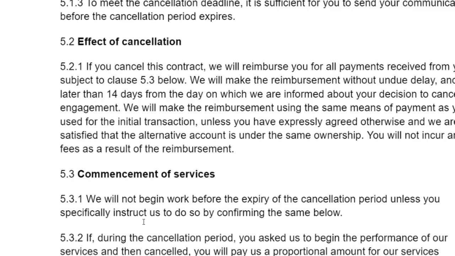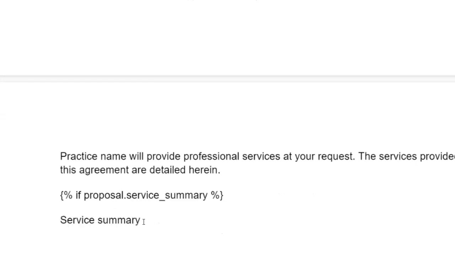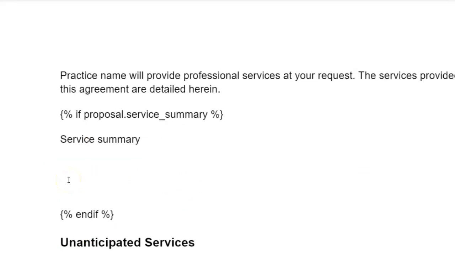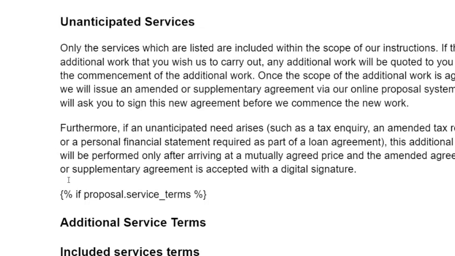So we will reimburse you for the proportion of the fees, followed by purpose and scope and retainer, where you clearly define the service summary, how much it will cost, how it will be paid, and which bank account will be used. If there are late payments, the surcharge that will be added to the bills. Any additional services, you also need to define: if the client asks you something which has not been agreed in the engagement letter, it will cost that much, and the quote will be sent to you for agreement.